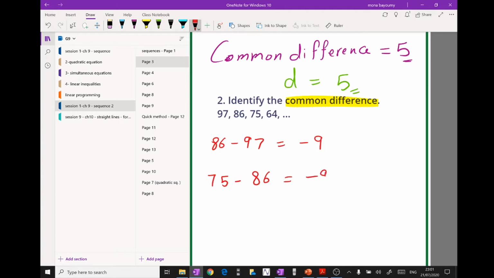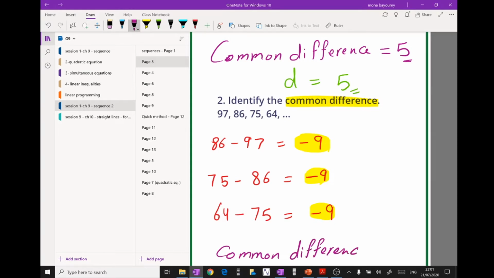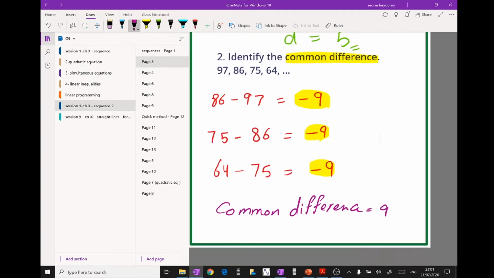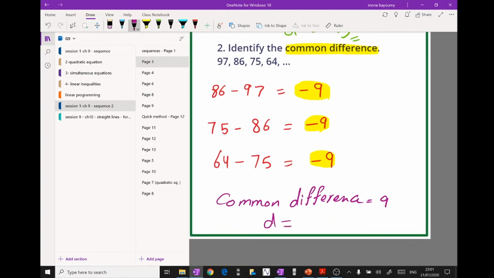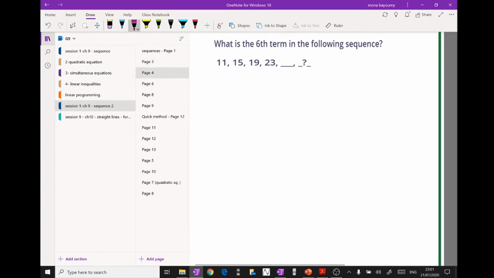Again, it is equal to negative 9. 64 minus 75 is equal to negative 9. So the common difference is negative 9. So D is equal to negative 9. Okay? I think it's so easy.